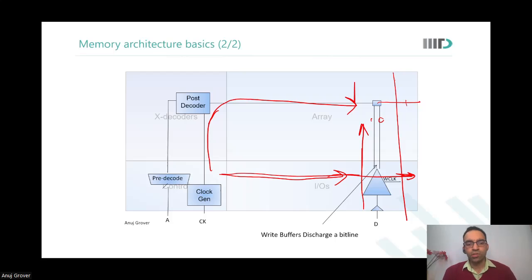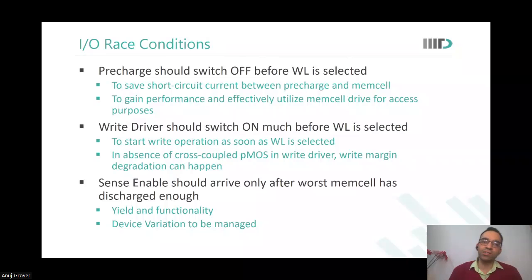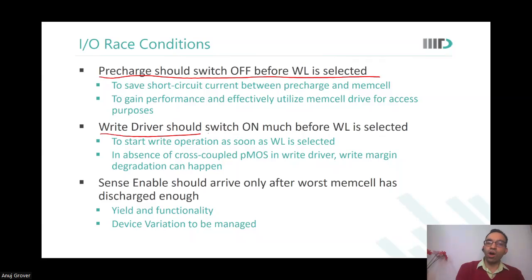So now that we are looking at circuits on the periphery side, we also need to be aware that there will be race conditions, like precharge should go off before the word line is selected, or that the write driver should switch on much before the word line is selected. Why much before? Because it has to discharge the bit line also.